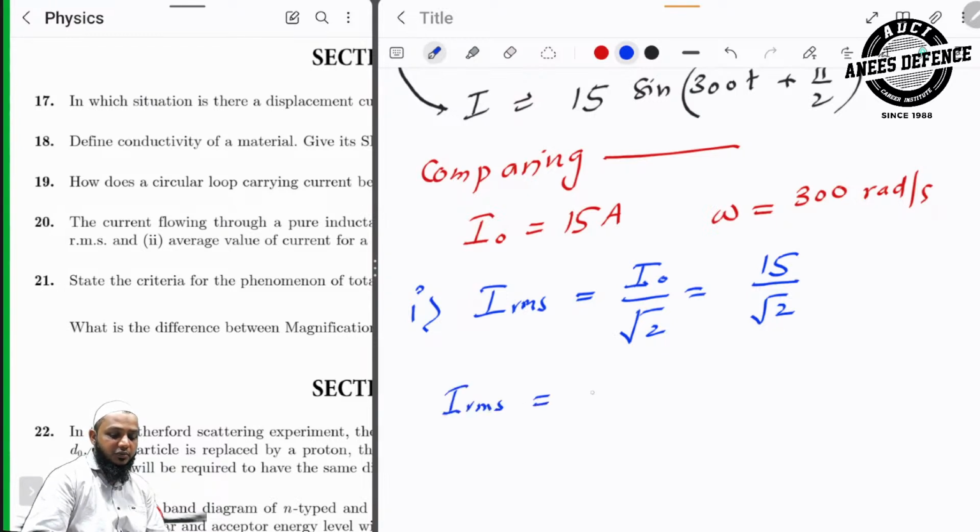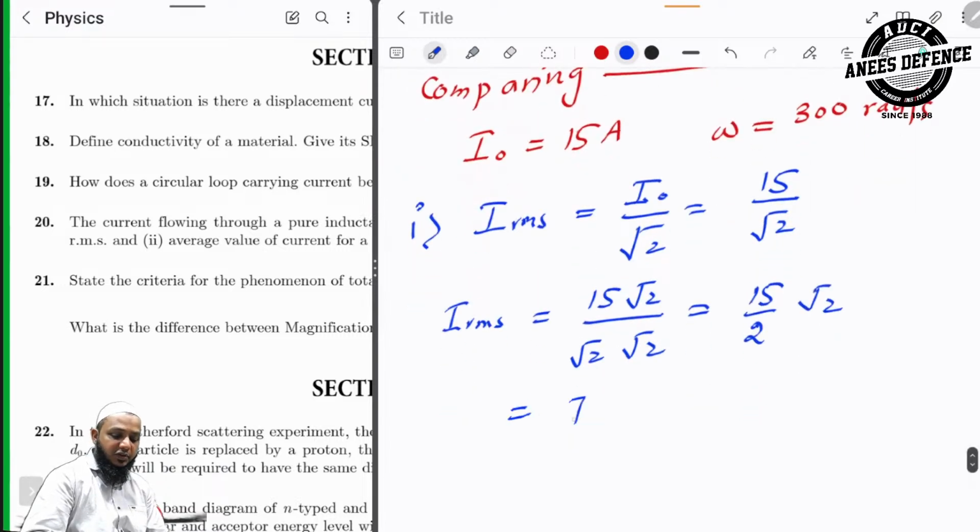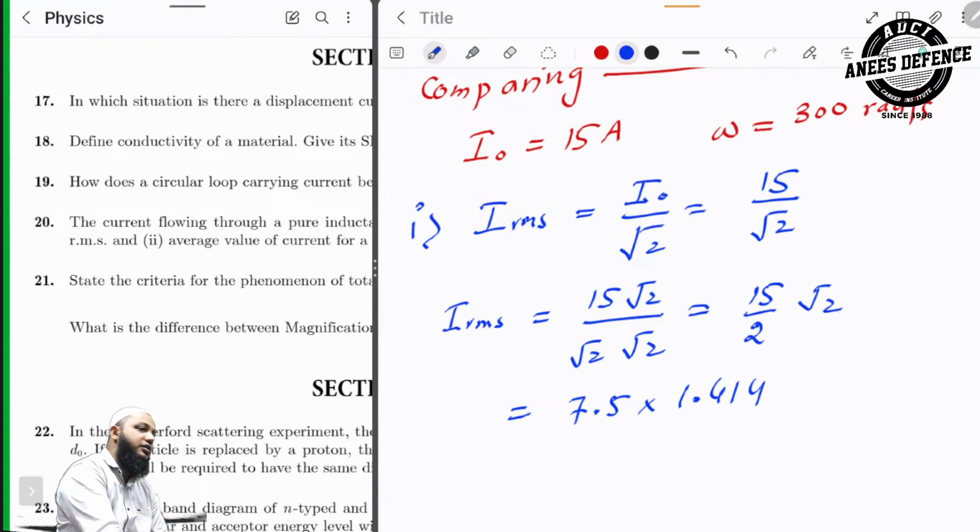Multiply and divide by root 2. Root 2 into root 2 is 2, right? So 15 upon 2 into root 2. What is 15 by 2? It will be 7.5. And the value of root 2 is 1.414. Multiply it and write the answer.